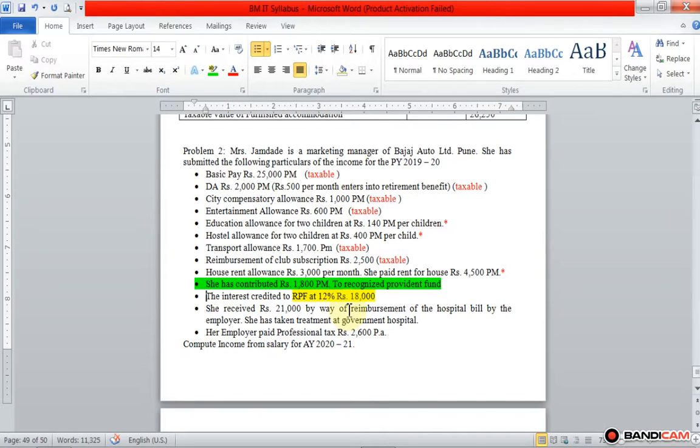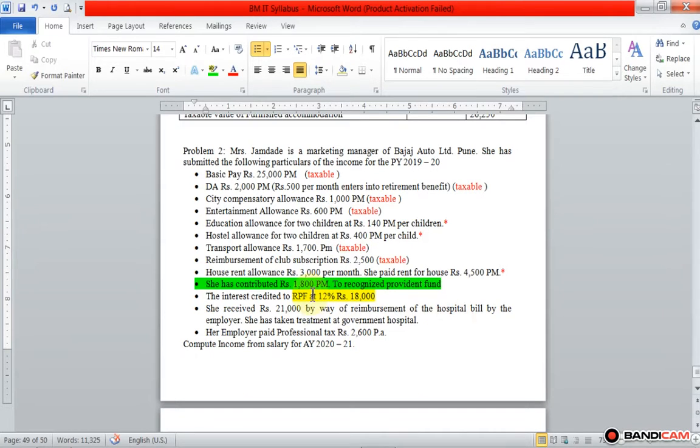Up to the specified rate means interest credited to the RPF is exempted up to 9.5%, and if the interest credited on RPF is more than 9.5%, then it is taxable.